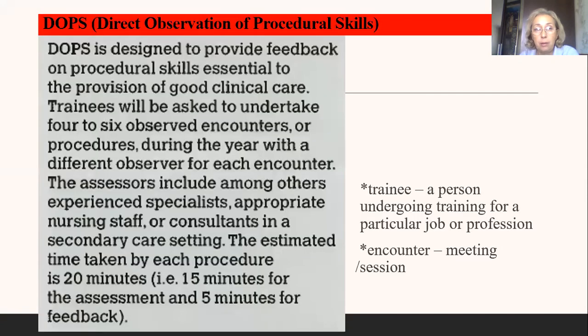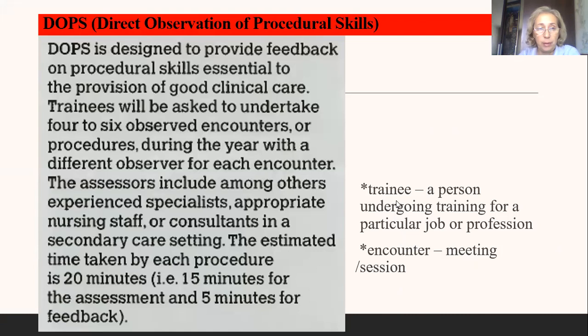Well, now let us look at the next slide, and here we have the beginning of the article, DOPS, direct observation of procedural skills. You can see a couple of words from the text that we should focus on to make sure that we understand everything.